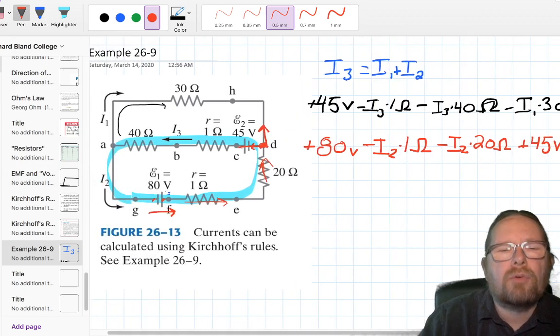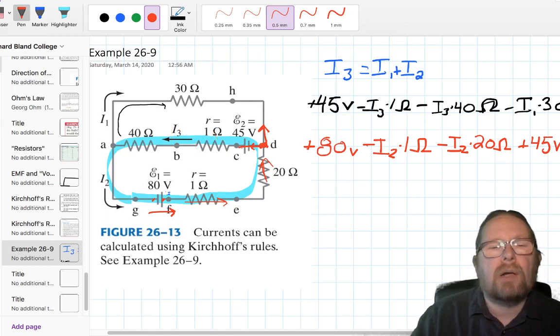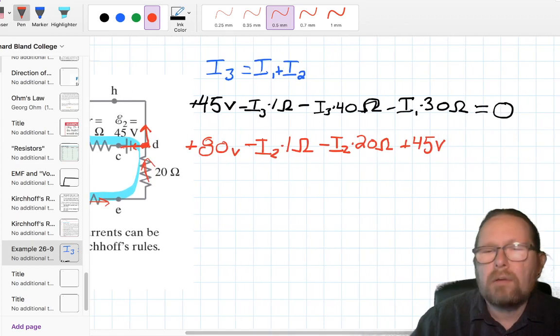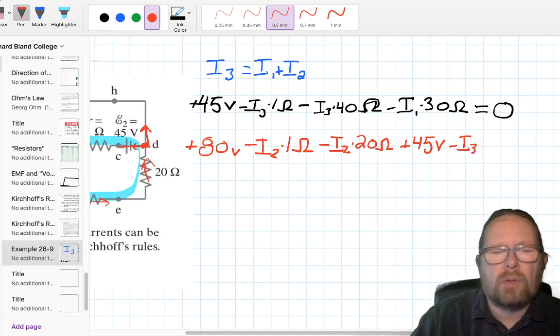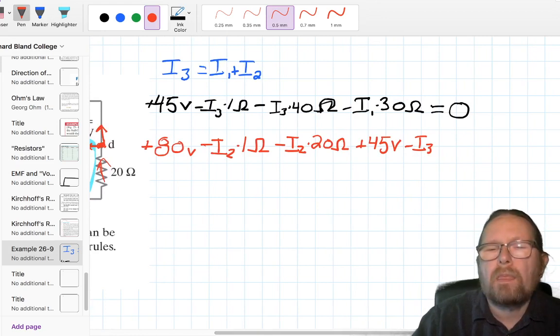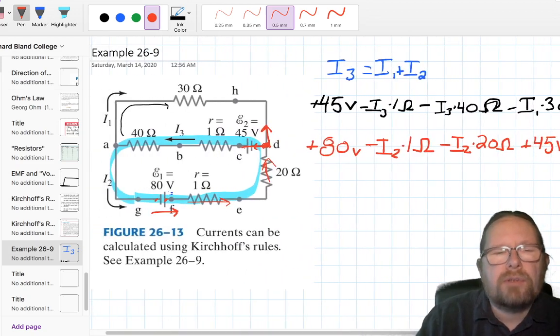Then I go through this 1 ohm resistor. Notice my current here is I3, so that's going to be a potential drop of negative I3 times 1 ohm. Then I go through this 40 ohm resistor.